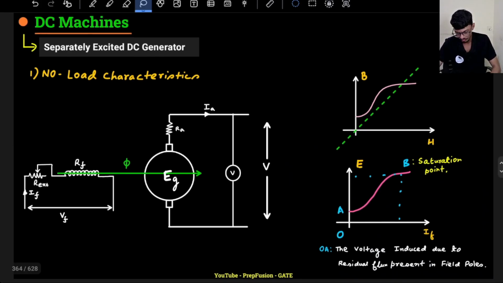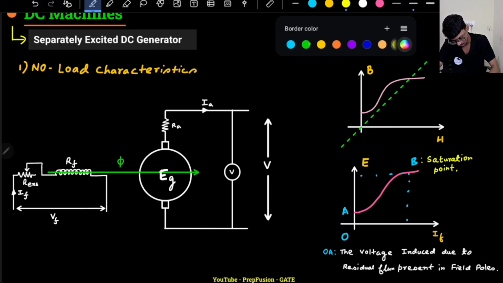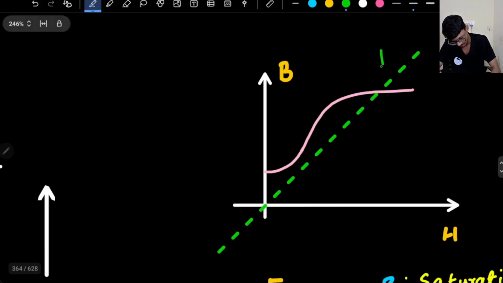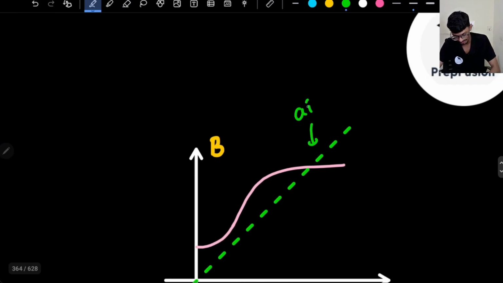Of course I don't need to explain this graph, already we have understood this with our explanation in the previous page. Also we draw a straight line. This line is actually called the air gap line. Why? Because if we had assumed the core to be air gap, then it would have been linear, right?